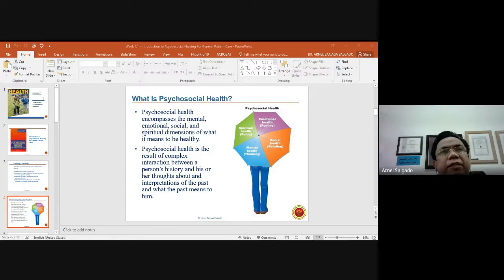Like, for instance, the behavior of a person when he was a child would be different from the behavior of a person when he is an adolescent or when he is in the late stage of life.